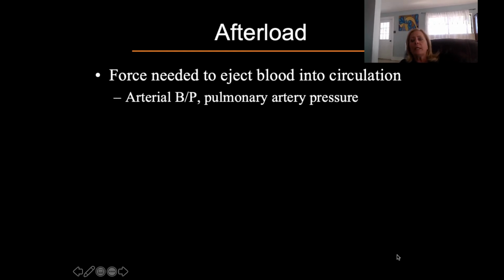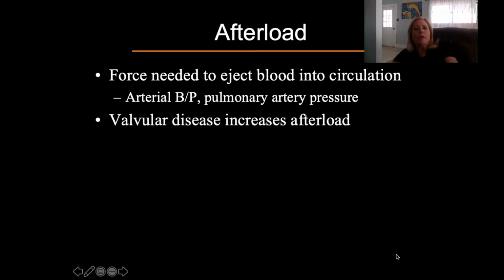This increase in force is going to push more blood into the arterial system, so blood pressure goes up, and that would include pulmonary artery pressure. Another thing that is going to increase afterload is valvular disease.